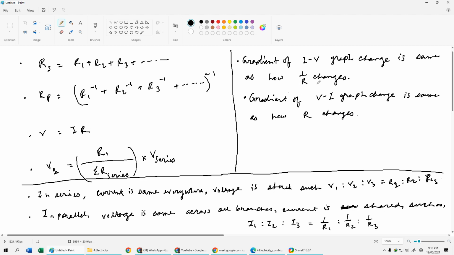So these are the two relationships, not formulas, that we have to keep in mind or memorize: the gradient of an IV graph is not 1/R, and similarly the gradient of a VI graph is not R, but the way the gradient changes is the same way those two quantities change. For the last part, we have to remember two things.